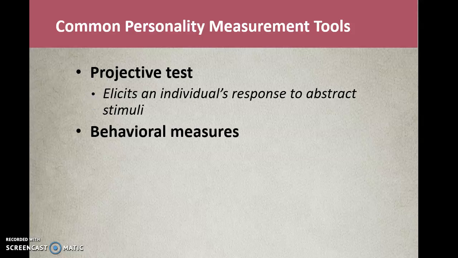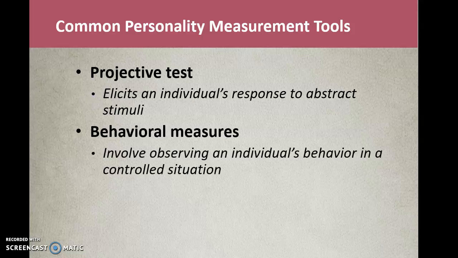Behavioral measures, it involves observing an individual's behavior in a controlled situation. Again, this can be a flawed method because many times people just are not going to behave the way that they really would behave if they're in a conversation or it's in a controlled situation.